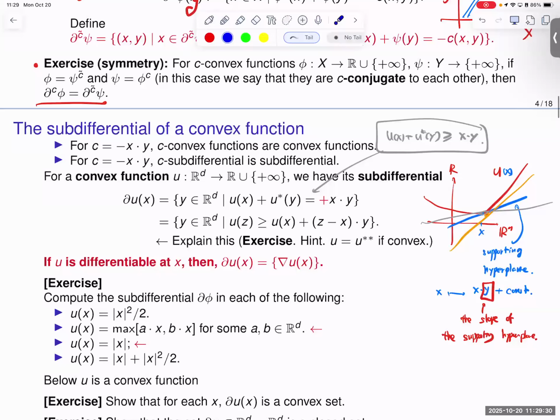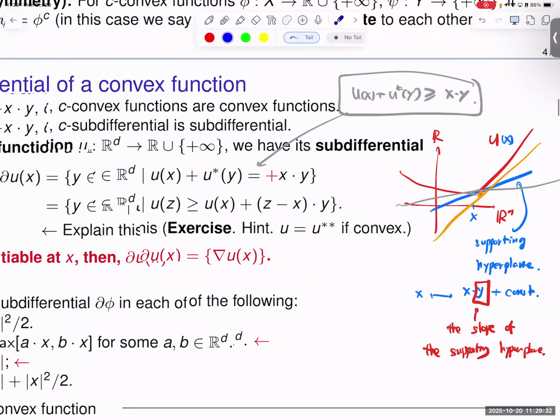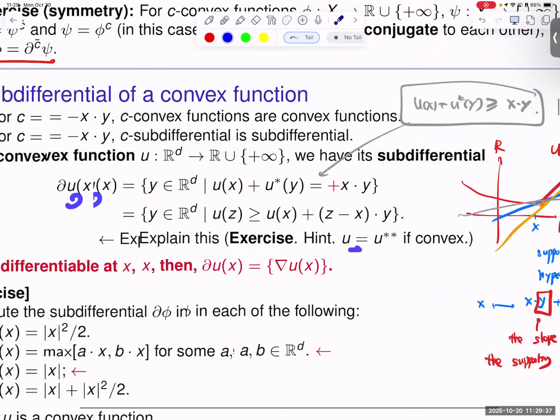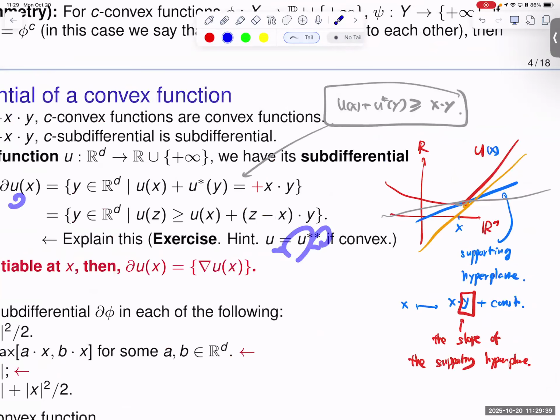The idea is just that the convex function is the Legendre transform of its Legendre transform. You just need to remember the meaning of the Legendre transform.